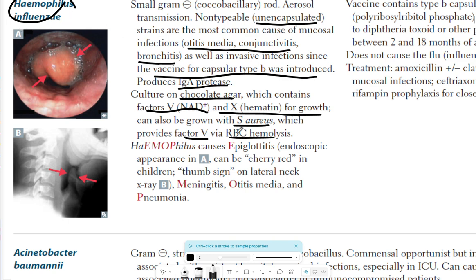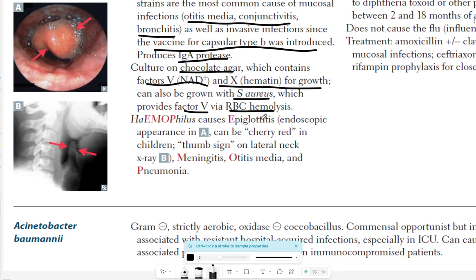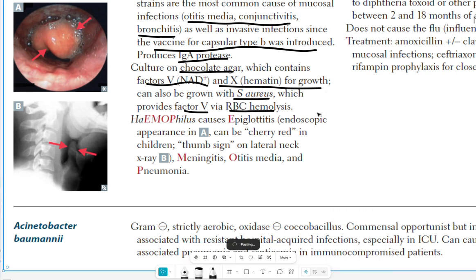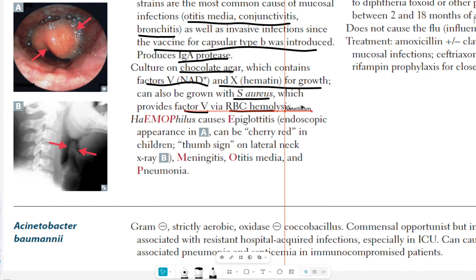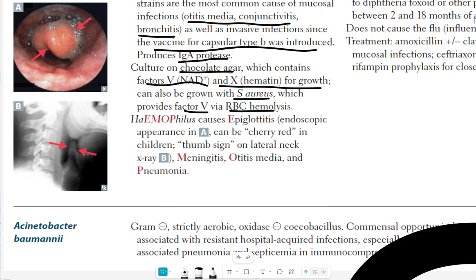So it usually grows with Staph aureus, right? Haemophilus influenzae, this by the way is called satellitism, right? This is a phenomenon of the Haemophilus influenzae growing near the Staph aureus, and we call this phenomenon satellitism. Okay, satellitism.